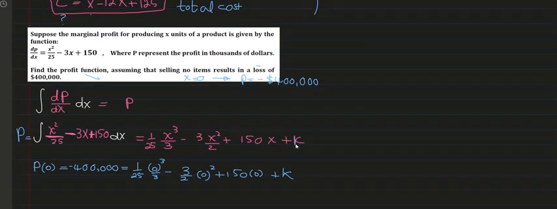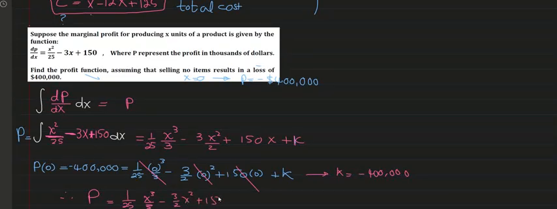Of course, anything times 0 goes, all these times 0 goes, and then we can know that k is equal to the negative 400,000, and therefore the total profit can be rewritten as the 1 over 25 and the x to the power 3 over 3, the same formula as it is, minus 3 over 2 x squared plus 150x, and now it's minus 400,000.